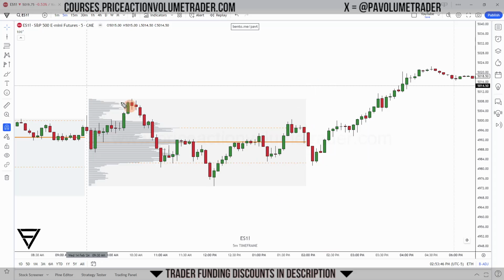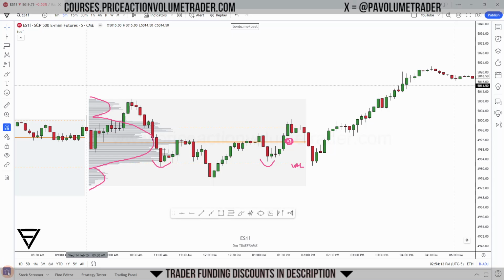The session volume profile shows us three high volume nodes, with a very major one with a point of control here. Then we're having a pullback right back to this previous area of support, the value area low as well, right over here.